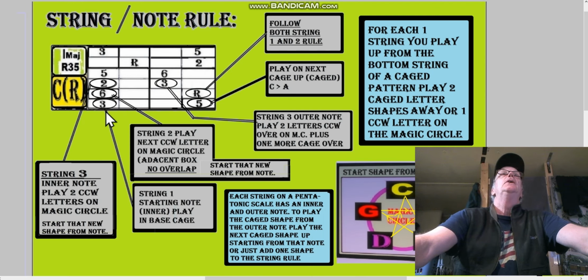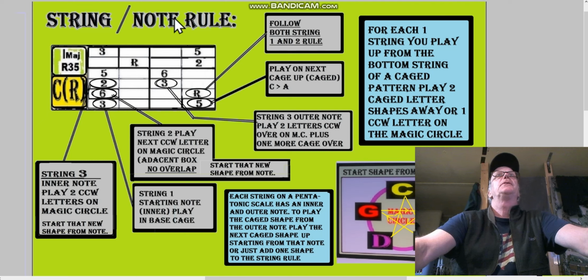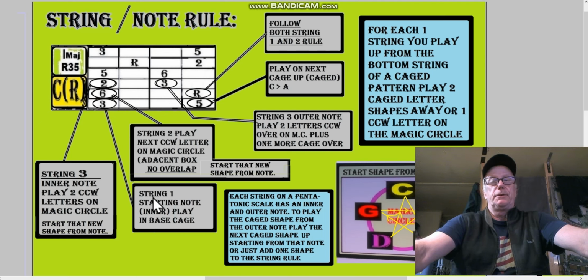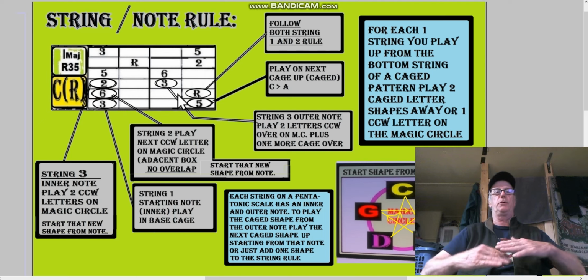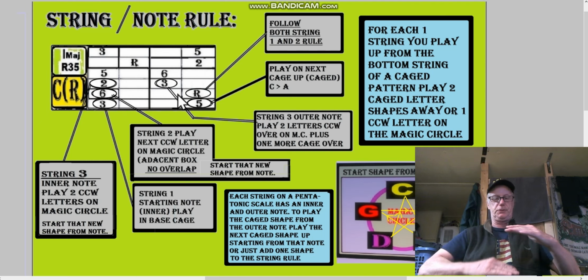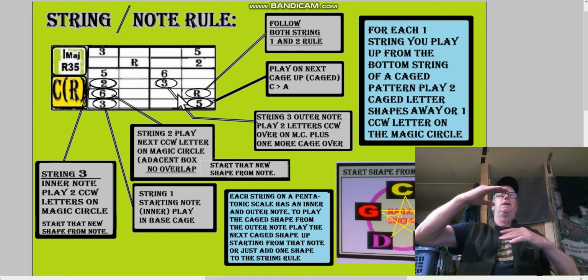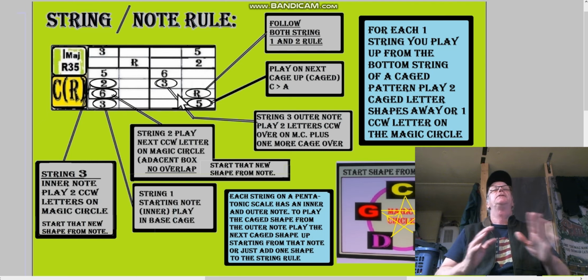Let's look at the string and note rule that I developed for this. Now we have the inner note of the second string up. We'll call it string 2, because I'm just going from the bottom and building up. So it's string 1, string 2, string 3. It's only going to be 3 strings.